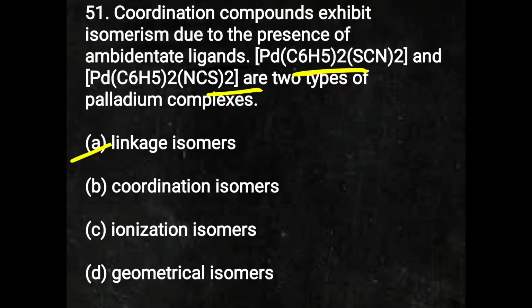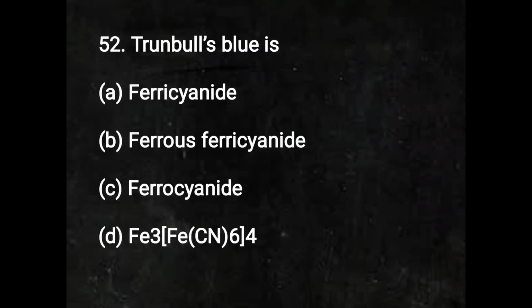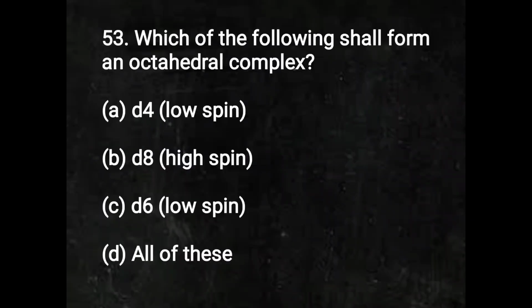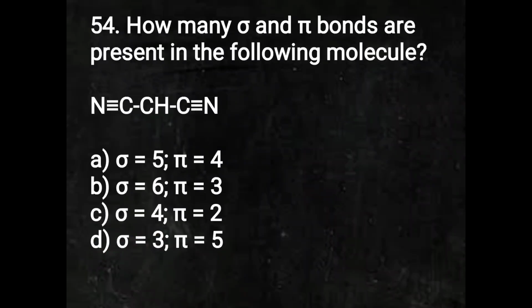Here option A is the right option, that is linkage isomerism. Turnbull's blue is ferrous ferricyanide. Which of the following shall form an octahedral complex? Here option D is the right option. All of these form octahedral complexes.